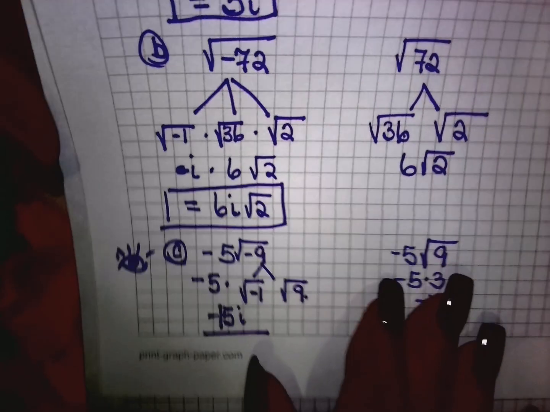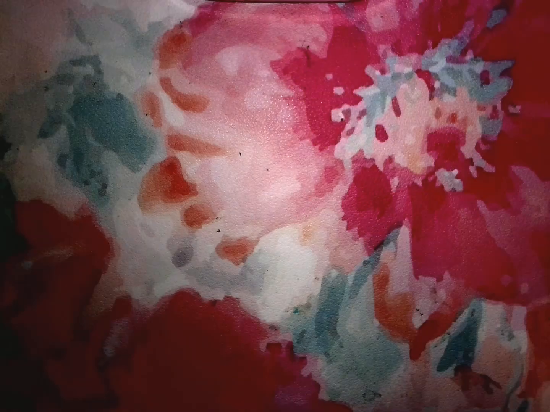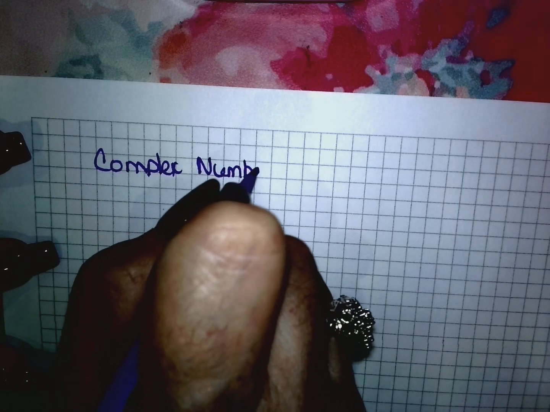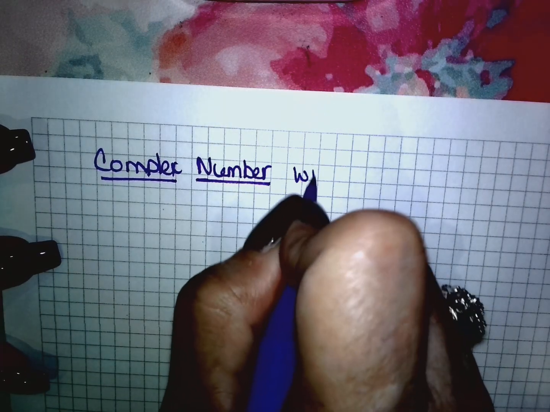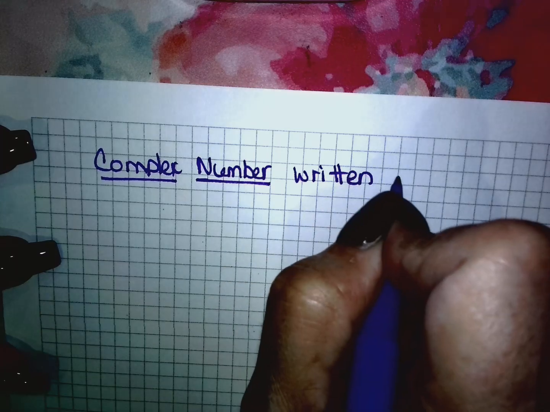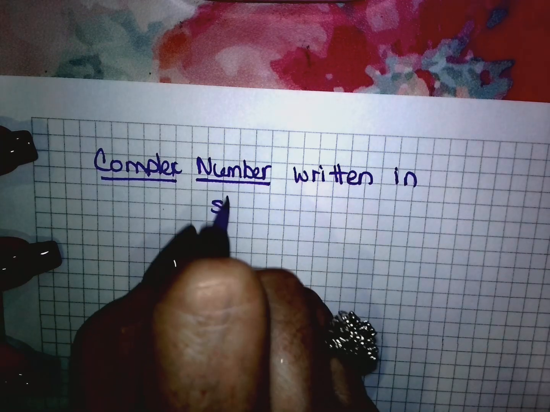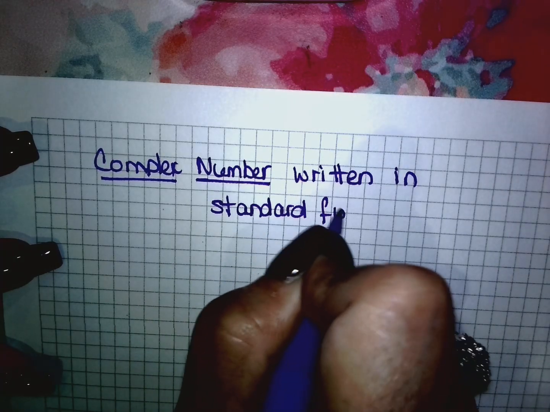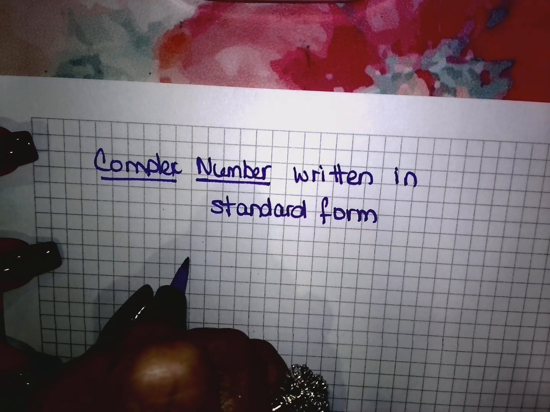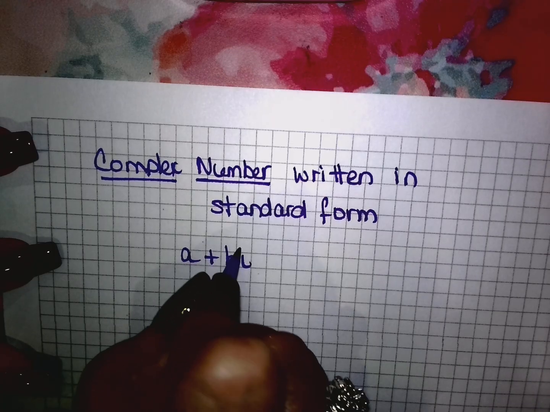So this little i, these are called imaginary numbers. But now we're going to take a look at a complex number. A complex number written in standard form looks like this: a plus bi.